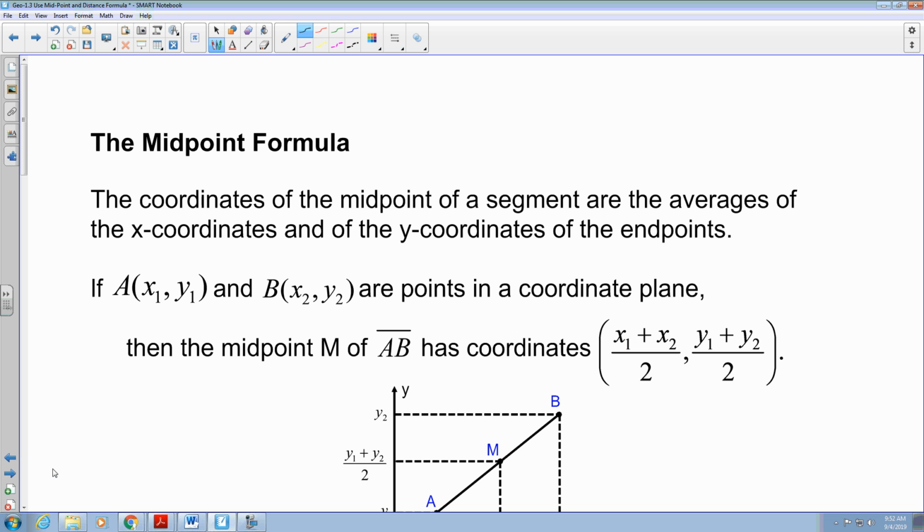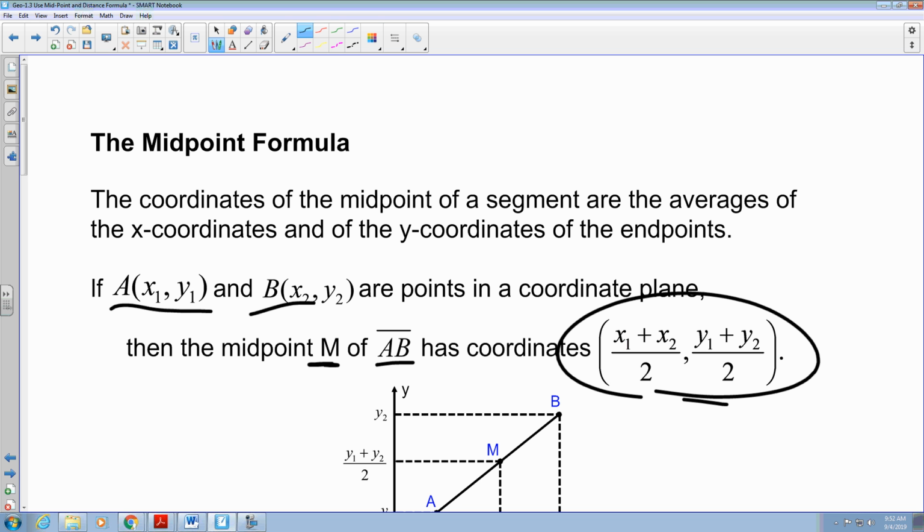When you're looking at coordinates, we have a midpoint formula. So anytime that you have 2 points like A and B here respectively, you are given a coordinate. In this case, to generalize, we say x1 and y1 for A and x2 and y2 for B. In order to find the midpoint M for line segment AB, you're going to use this formula.